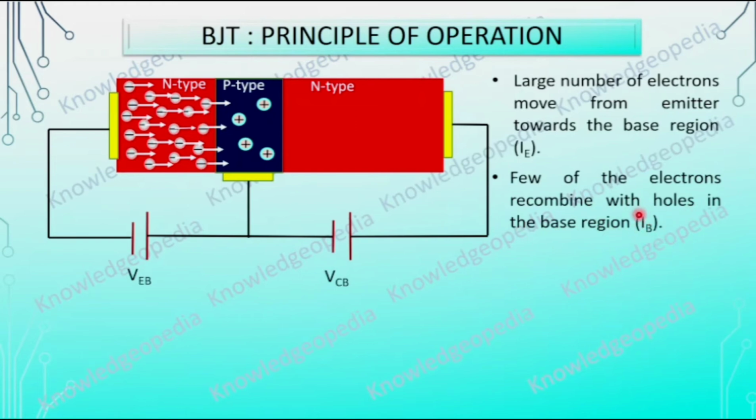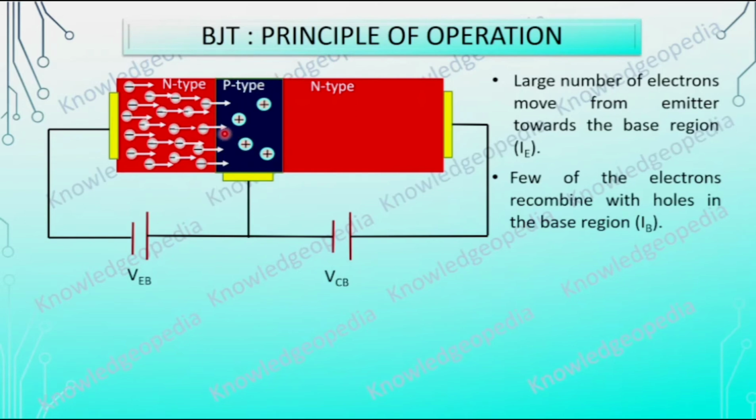I will come to this IB. What happened to the rest of the electrons? While these electrons are entering the P side, the number of electrons will be very large near this junction, but very less near this junction, right? This end of the base, you can say. So there is a variation in concentration. Electrons are more at this end and less at this end.